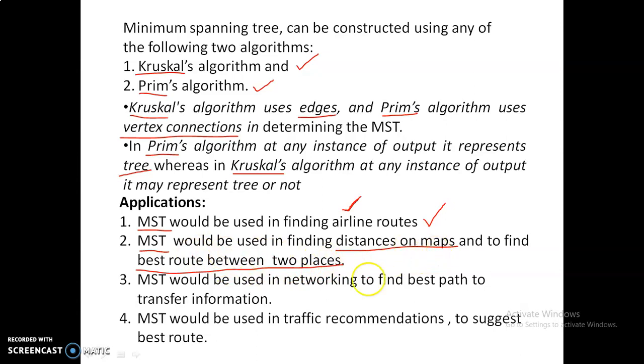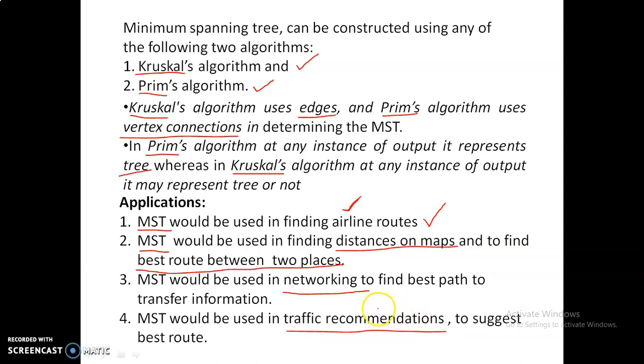The MST is also used in networking, to transfer information from one system to another. It finds the network route to transfer the information with less time and less traffic. The MST is also used in traffic recommendations.